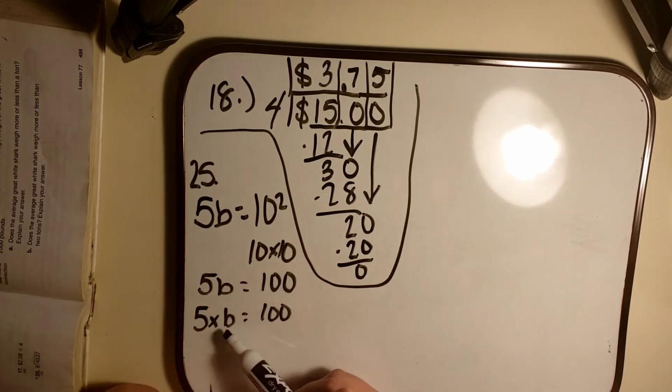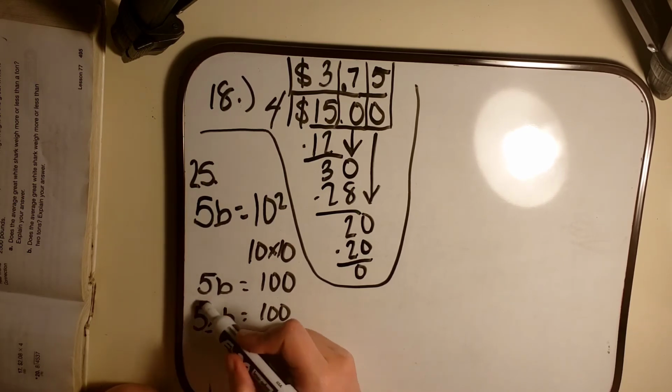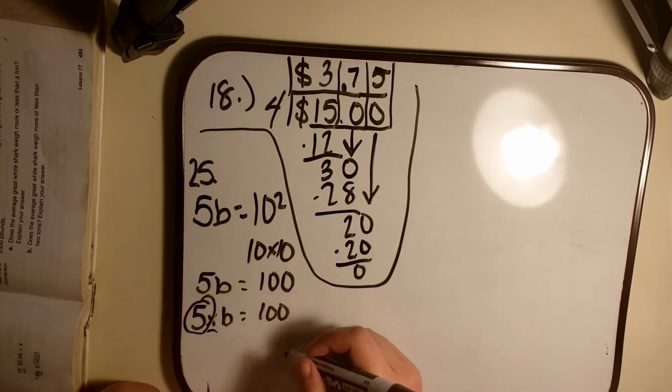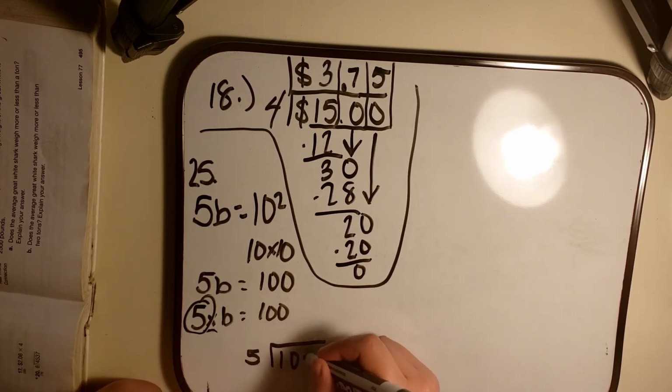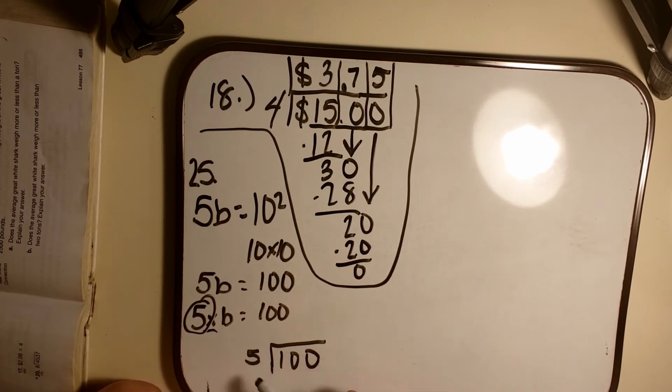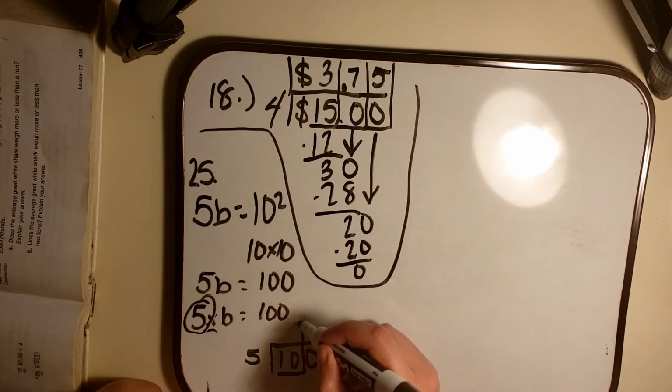So again, to figure out what b is, we have to do the opposite of that. We have to divide by that number. So we put 5 on the outside, 100 on the inside. 5 can't go into 1, so it goes into 10.